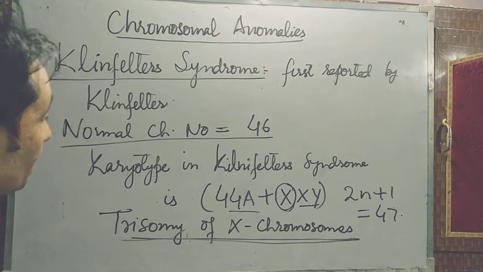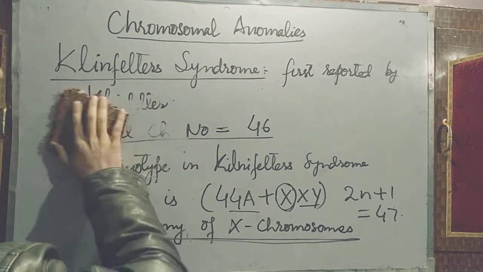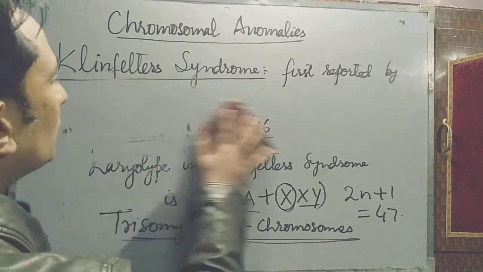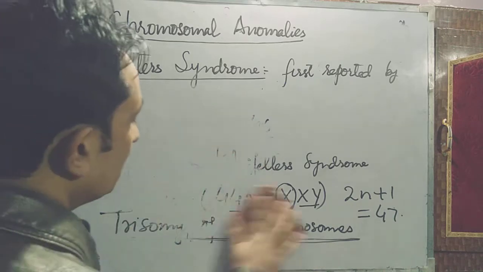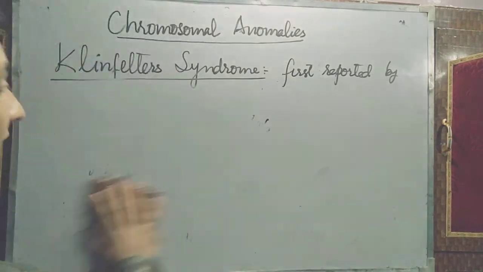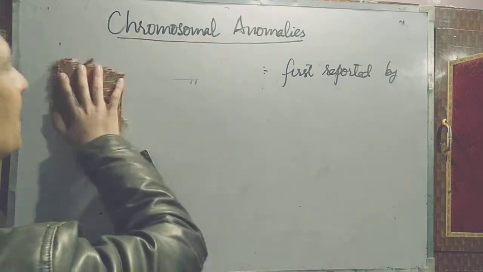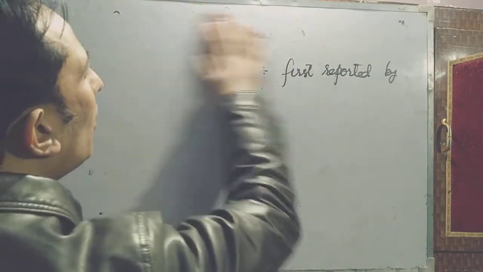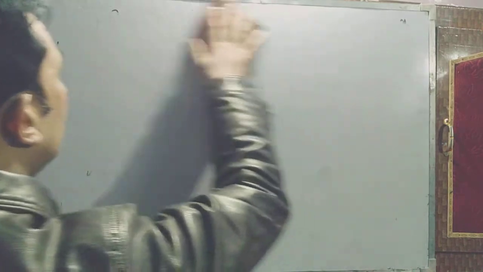Is it okay? Now we should move on towards the genetics of this very syndrome, genetics of Klinefelter's syndrome, in which we will try to understand how these individuals suffering from Klinefelter syndrome are conceived.